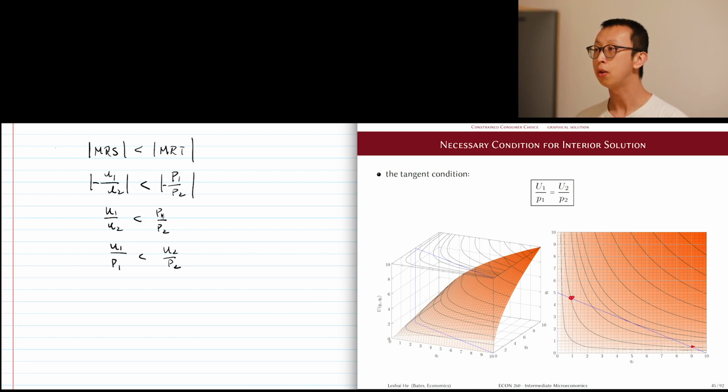And then all these inequalities will have the opposite sign. What that means is that at this particular consumption bundle, the per dollar marginal utility for good 2 is lower than the per dollar marginal utility for good 1. So what do we do? Well, we should rearrange our expenditure such that we spend more money on good 1 and take out that money from good 2 to improve our utility while staying on the budget constraint.